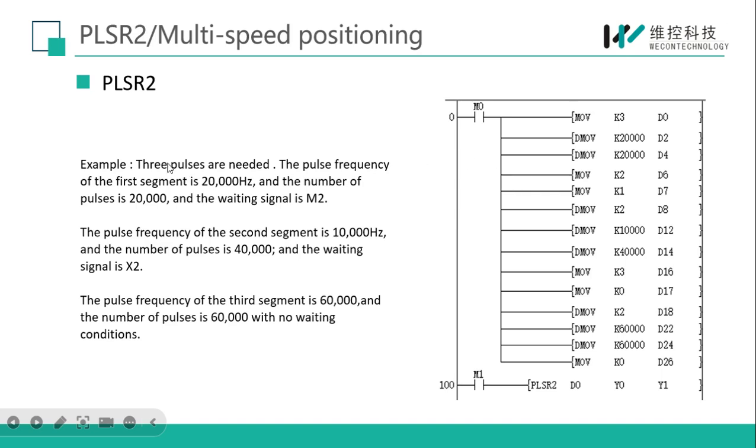For example, if we need 3 segments, for the first segment the frequency is 20,000 Hz, the number of pulses is also 20,000, and the waiting signal is M2. Here we set D6 as 2.